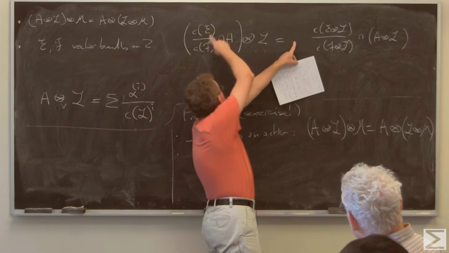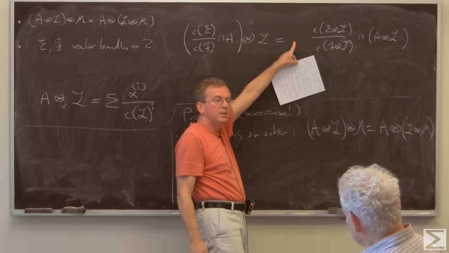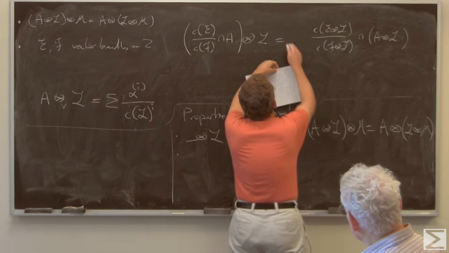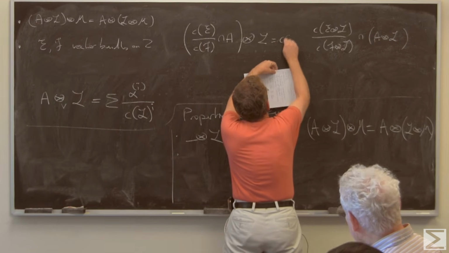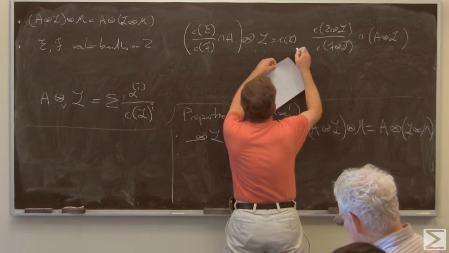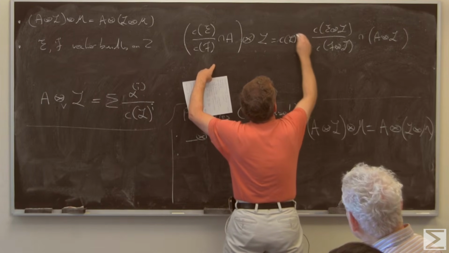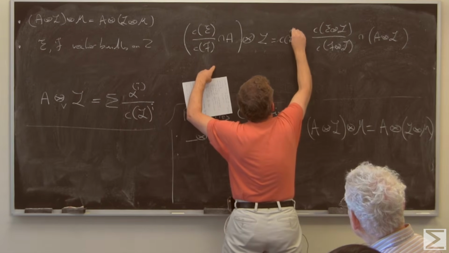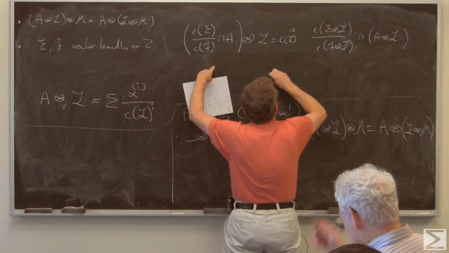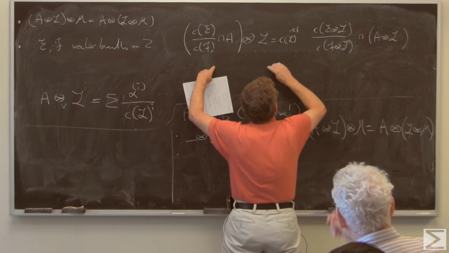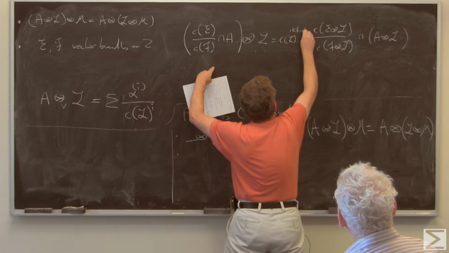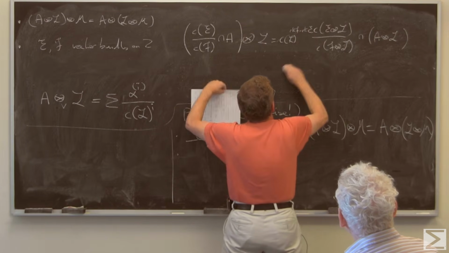It is true if E and F have the same rank. Otherwise, you have to account for the difference in ranks, and that would be c of L. I need to pretend that these are rank 0, so I need to provide the rank of F minus the rank of E. Is this still readable?